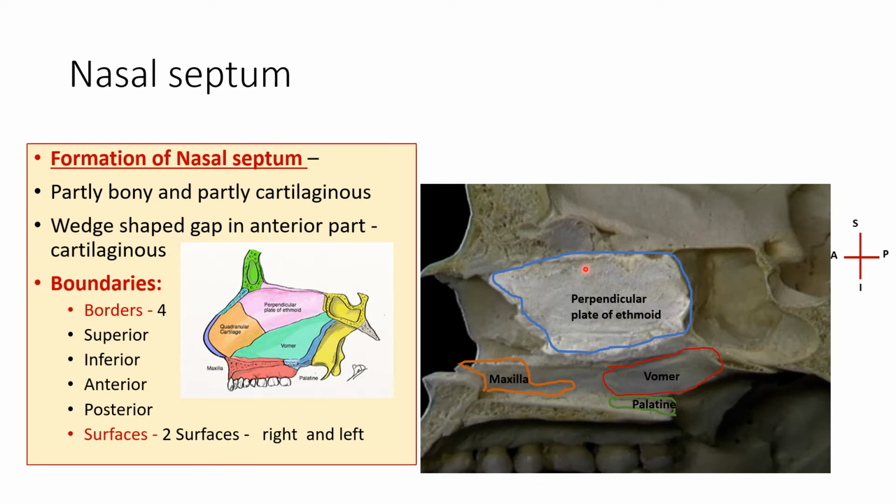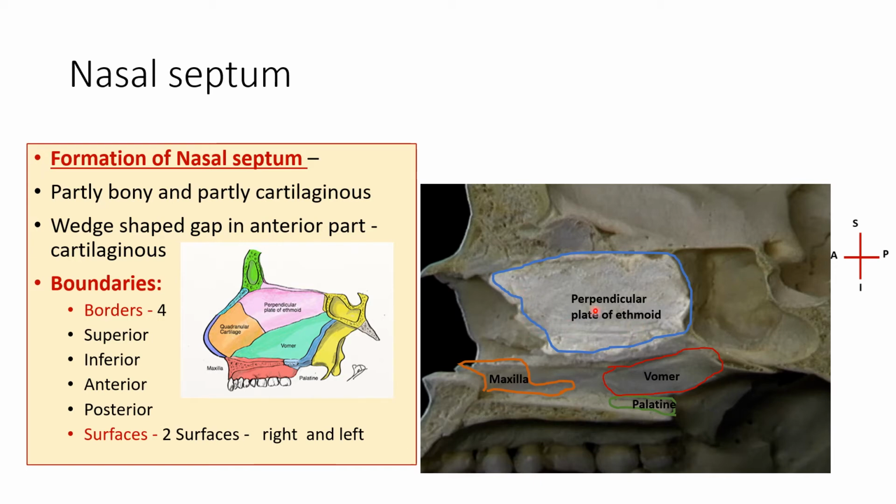The 4 borders are the superior border, the inferior border, the anterior border and the posterior border. The 2 surfaces are the right and left surfaces, as it is the partition between the 2 nasal cavities.